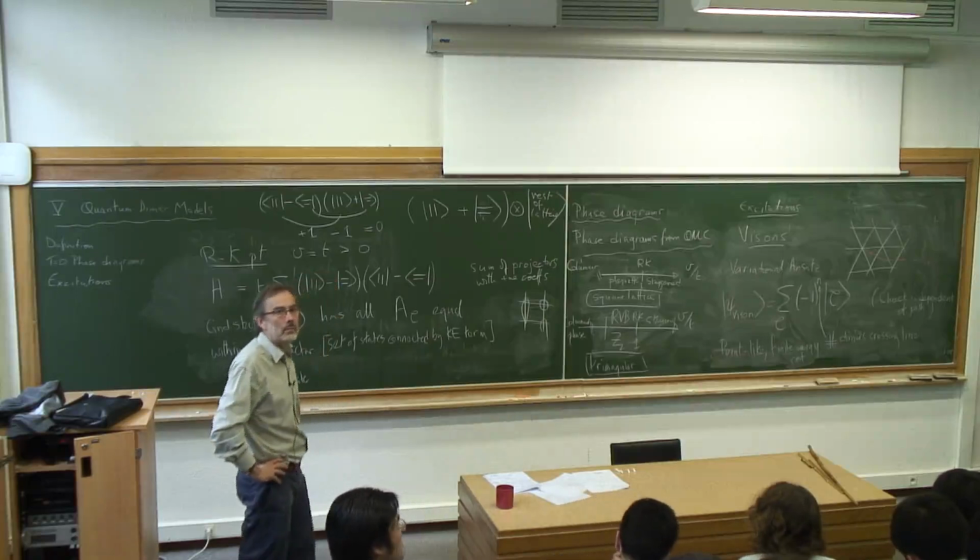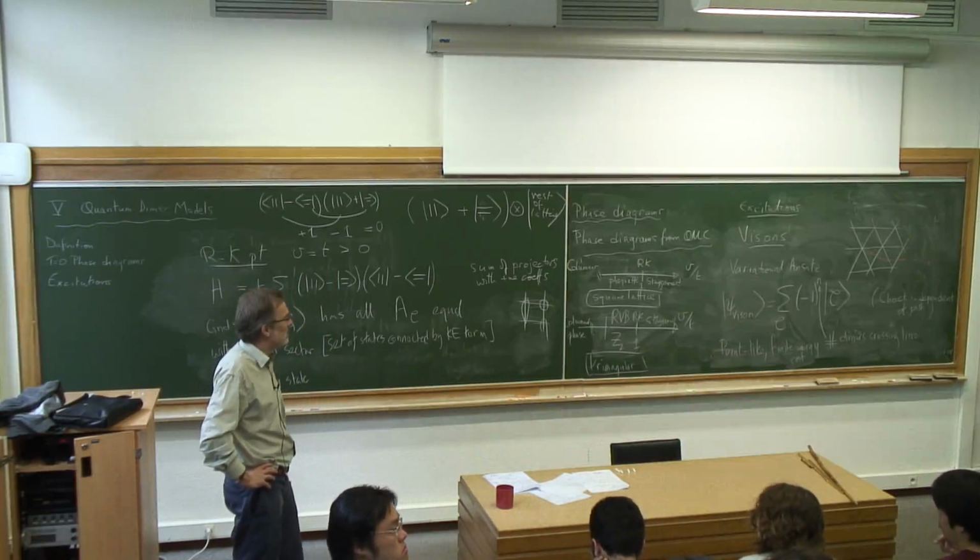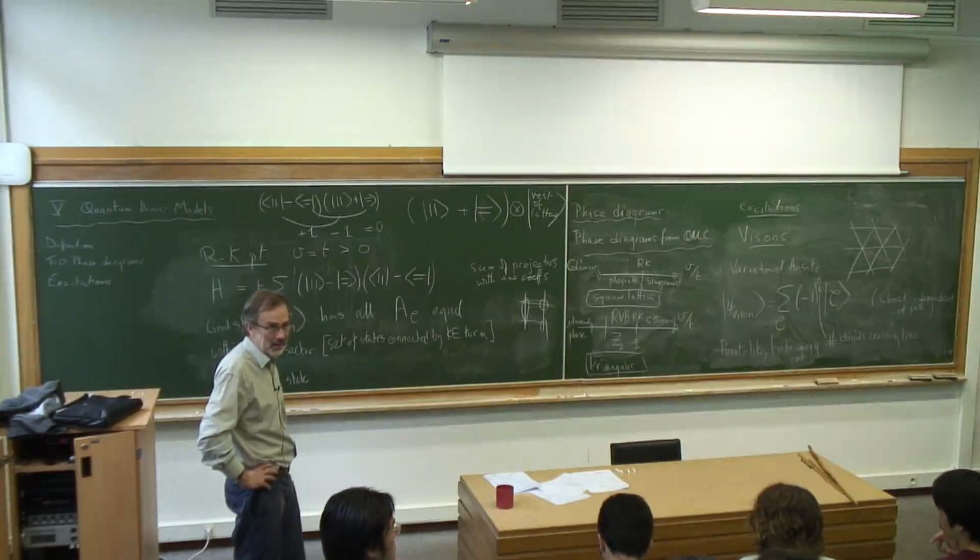The vison wave function is not orthogonal to the ground state. I think it's probably not exactly orthogonal in a small system, but I think it becomes orthogonal in a large system.